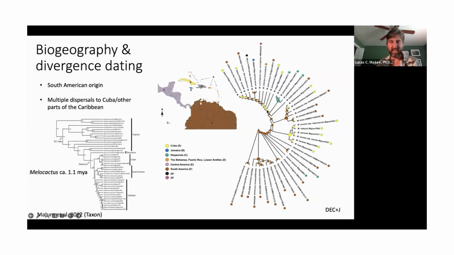And if you see anything in yellow on the backbone of the tree, that's an inference of an ancestor from Cuba, meaning that would have been a dispersal from South America into Cuba. So we have dispersals from South America into Cuba. We have Cuba to Hispaniola. And then we have these long distance dispersals potentially from South America or northern South America, Lesser Antilles into Jamaica for Caroli linai.